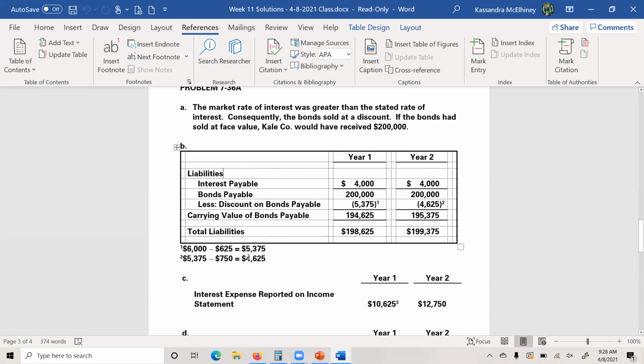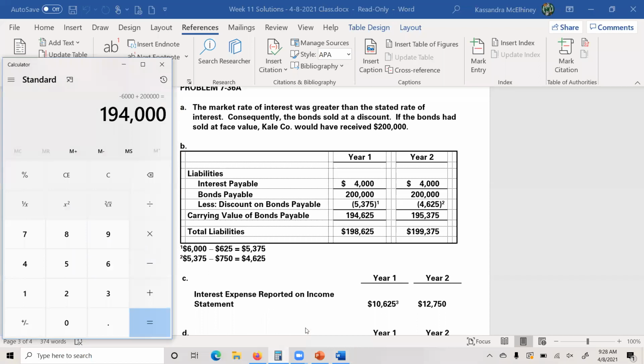So for the amortization of the discount, we had a $6,000 discount, and we would divide that total discount by 8 years, and really by 8 years and also 12 months. So $62.50 would be the amortization of the discount per month.